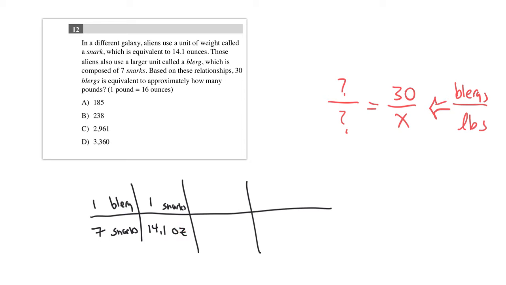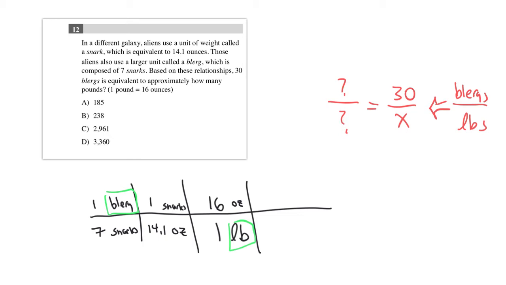We're going to want the word ounces to cancel, so I'm going to immediately put the word ounce up here and search for another relationship. Well, apparently, every 16 ounces corresponds with 1 pound. So we could write that relationship, 16 ounces corresponds with 1 pound.